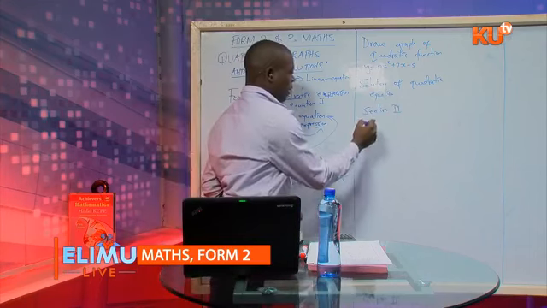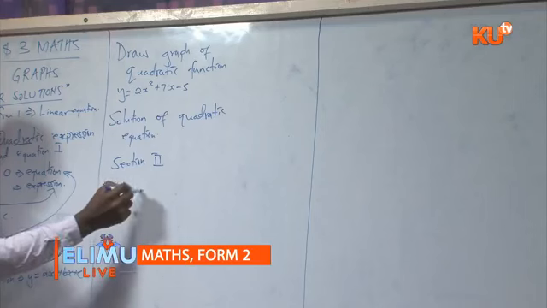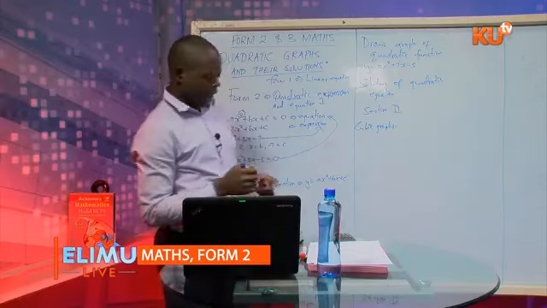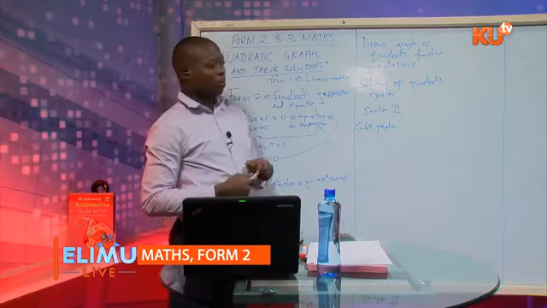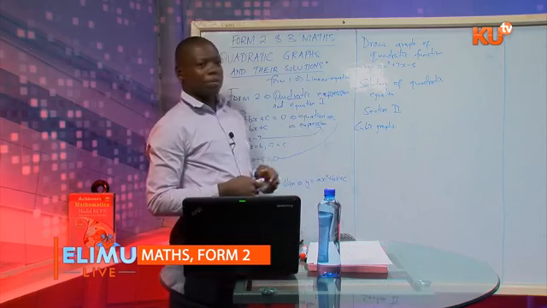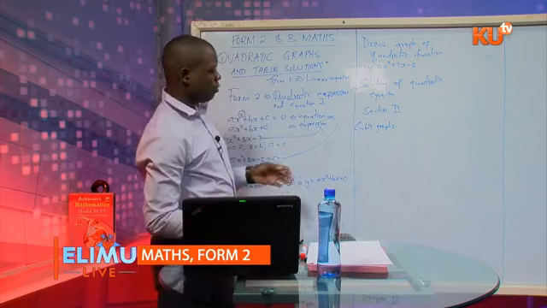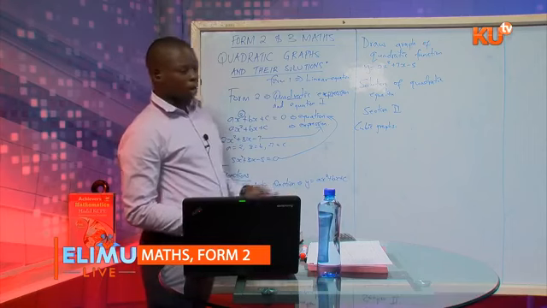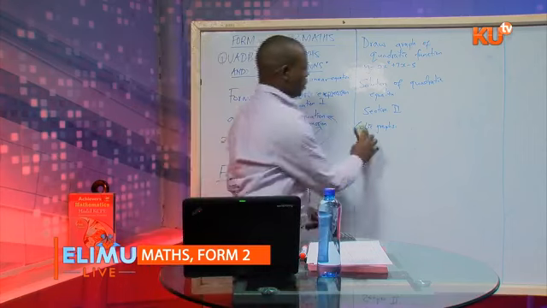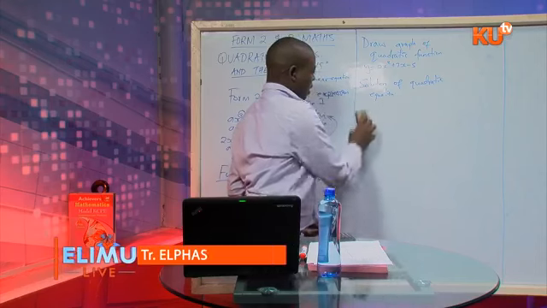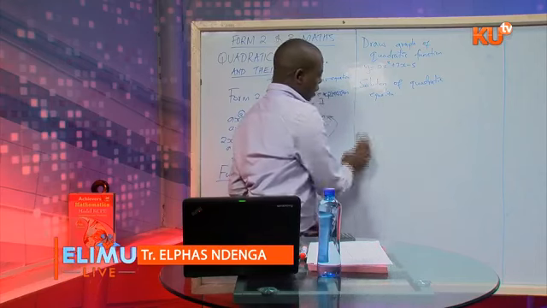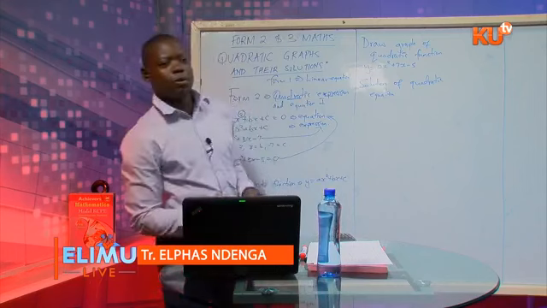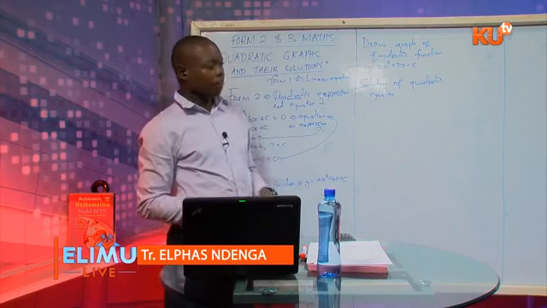We have also cubic graphs that can be drawn. This change happens, but usually in section 2, because it takes more steps that will give you more marks, about 10 or so marks. So I want us to look at some of the questions that have been tested in this part and use them to illustrate what we need to do in the drawing of graphs.